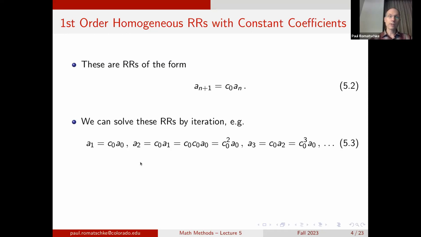Proceeding in the same fashion, we can then write down the closed form solution for the first order homogeneous recurrence relation with constant coefficients, and it's just given as a_n is C_0 to the power n times a_0.